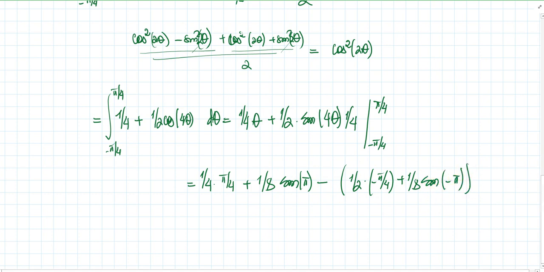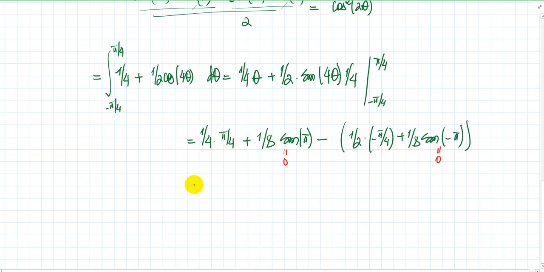We know that sine is 0 at every multiple of pi, so this is going to be 0, and this is also going to be 0. So the final answer is pi over 16 plus pi over 16, which is pi over 8. The area of one leaf of this flower is equal to pi over 8.